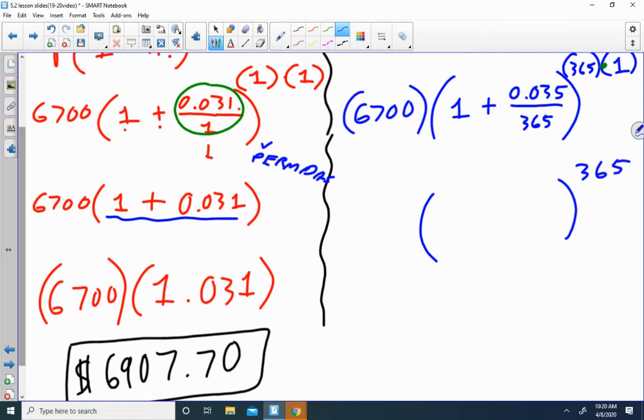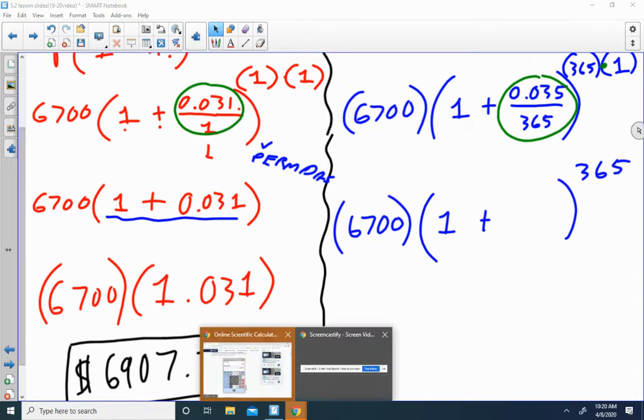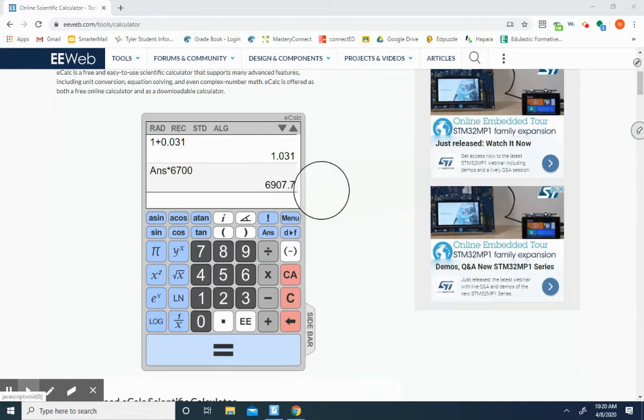So 365. Out here, I'm still multiplying by 6,700, but now I have to take care of this part: 0.035 divided by 365. Whew, that's going to be a big number. Let's see what that gets us in the calculator. I have to do 0.035 divided by 365.